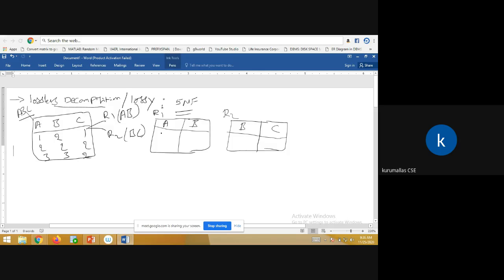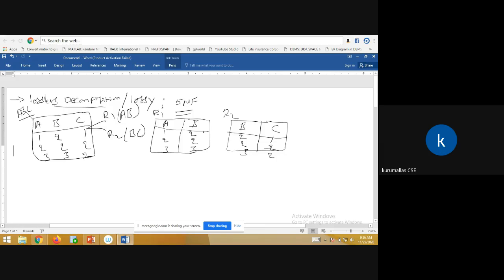So AB has 1 2, 2 2, 3 3. BC has 2 1, 2 2, 3 2, right? Once you split these two, now I need to write a query.